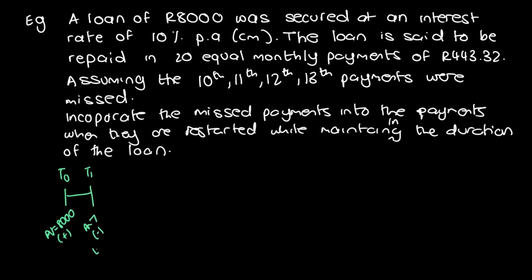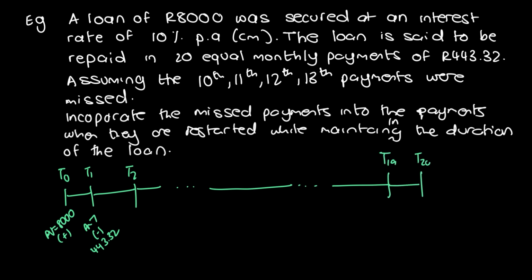And just a reminder, the payment is R443.32. Then we have T2, and it's going to continue on. We're going to have T19 and T20.